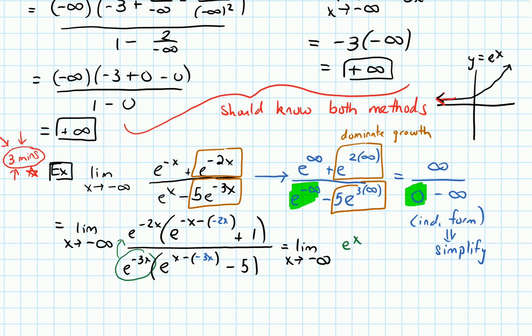It was just a placeholder. Okay, so we have e to the 3x there, and then times, we have e to the negative x plus 2x is x. And then we have the plus 1 after that. And then all over, now the e to the negative 3x is gone because I moved that up to the numerator. And what's left over is we have e to the 4x minus 5.